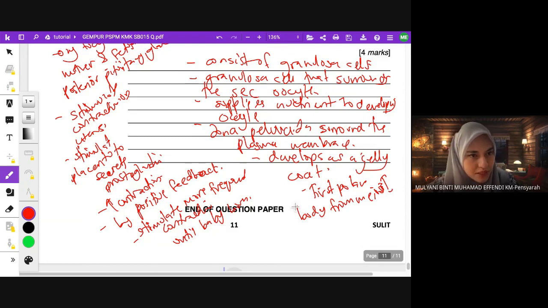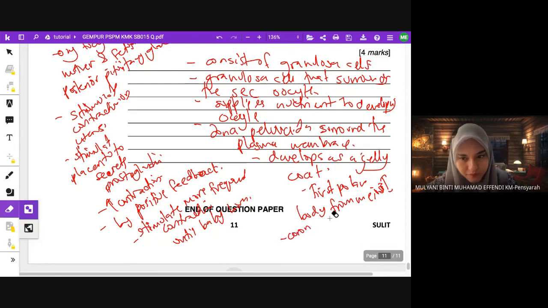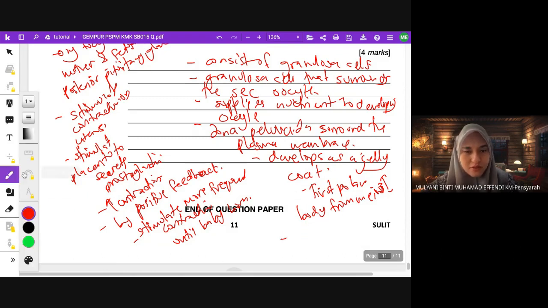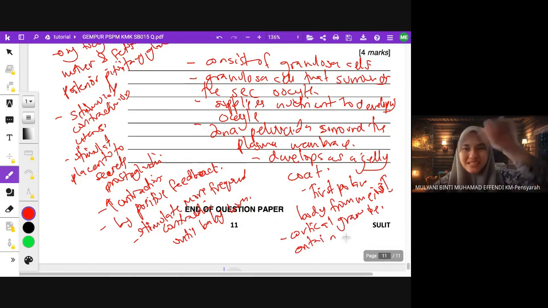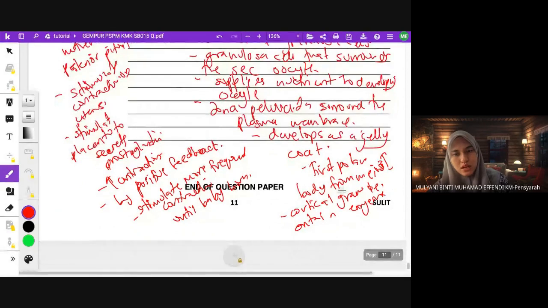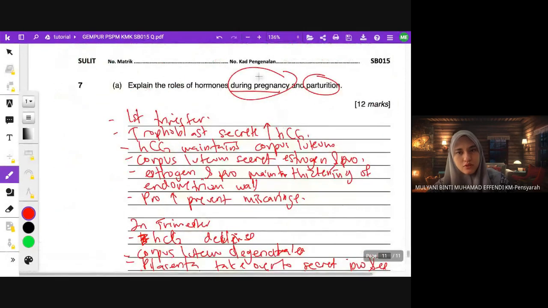First polar body, dan sebenarnya tambahan dia ada cortical granules. Cortical granules contain enzim yang untuk harden the zona pellucida tu. So you boleh masukkan yang itu jugalah. So dia cortical granules, dia ada first polar body, dia ada zona pellucida, dan dia ada granulosa cell yang kat luar tu lah. Okay, so itu ada 4 markah di situ. So that's the end of the question.